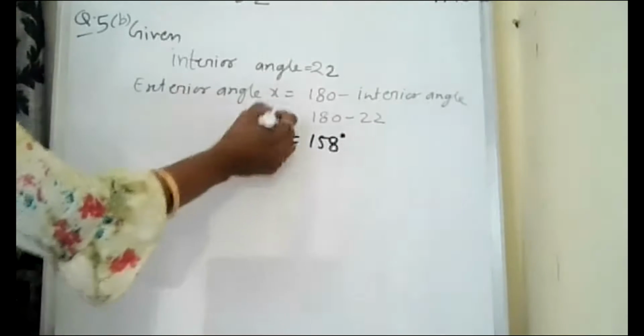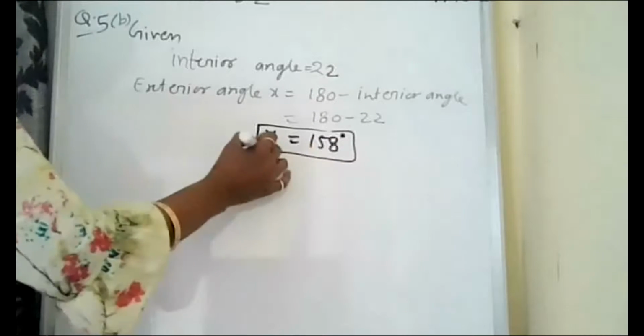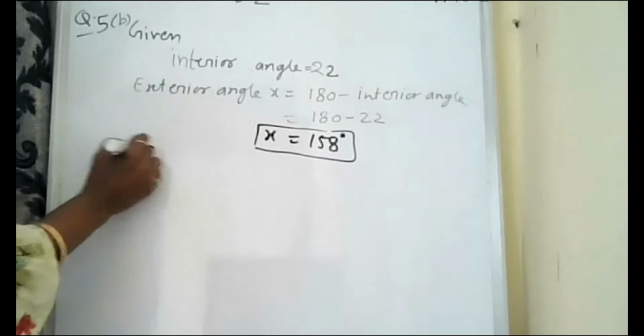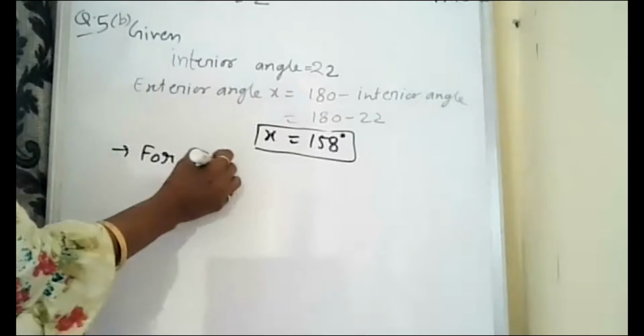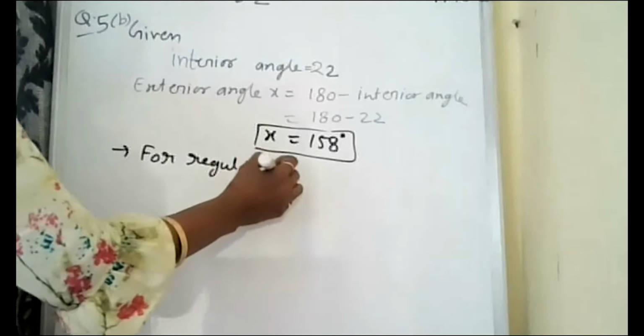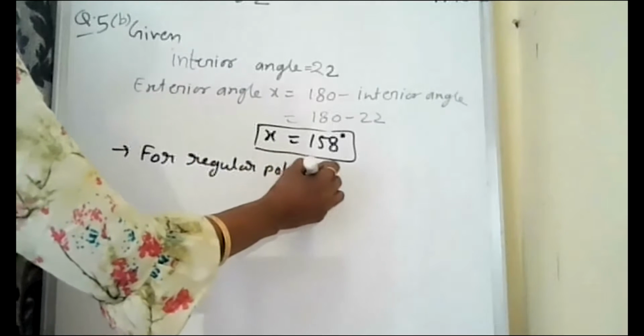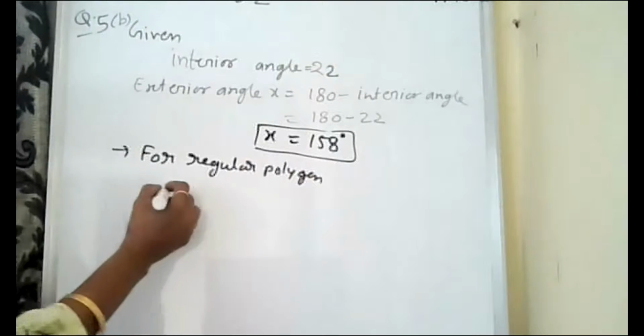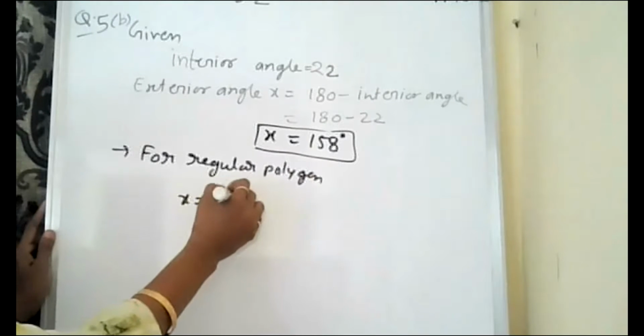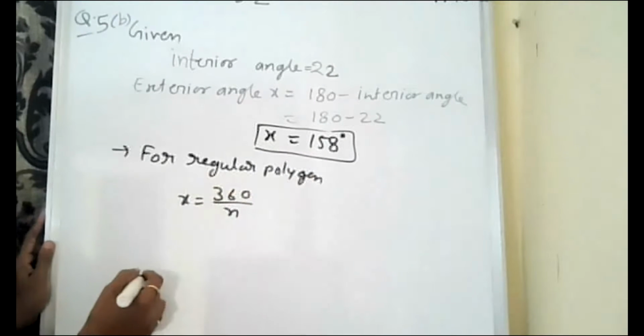Now we have x, and we have to check for a regular polygon. For a regular polygon, x is equal to 360 divided by n.